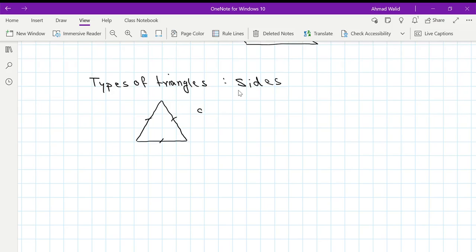Correct? When all sides are equal, we call this triangle an equilateral triangle.